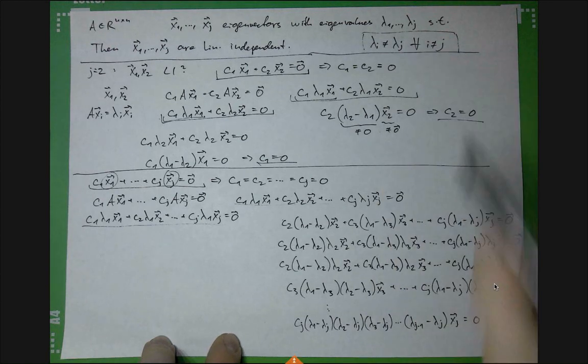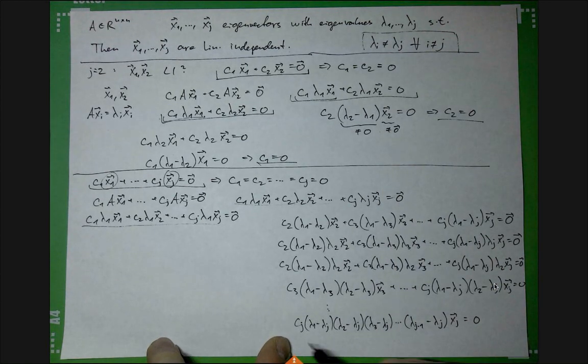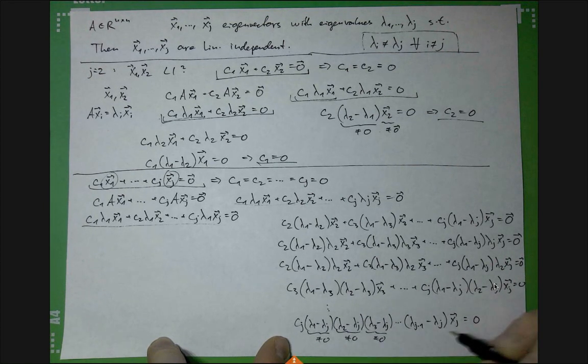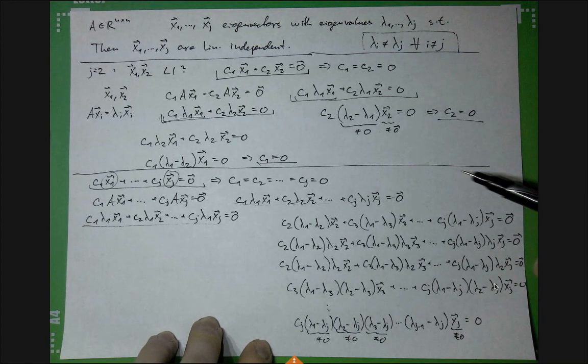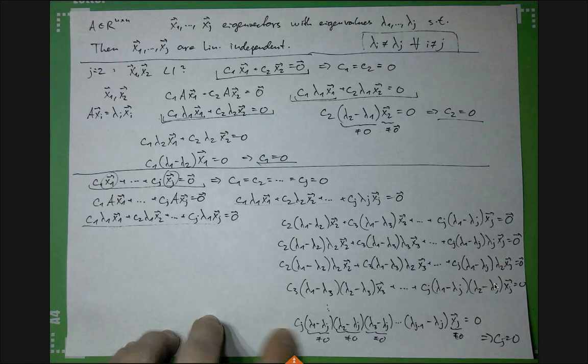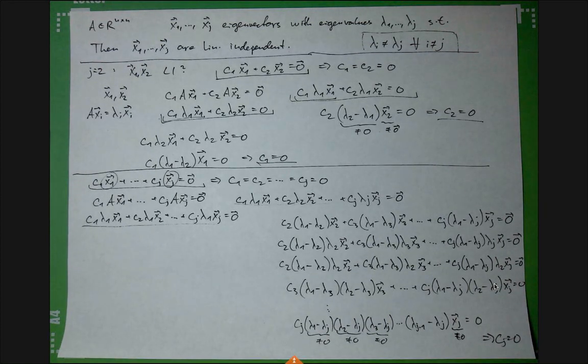And then I know that all of them are different, so all of these guys must be non-zero. That's non-zero, that's non-zero, that's non-zero. This is an eigenvector, so it's also non-zero. So again, similarly as in the simpler case, from this follows that it's the Cj that must be 0. I'm not going to do all the other cases, otherwise we would spend a whole hour just doing this.